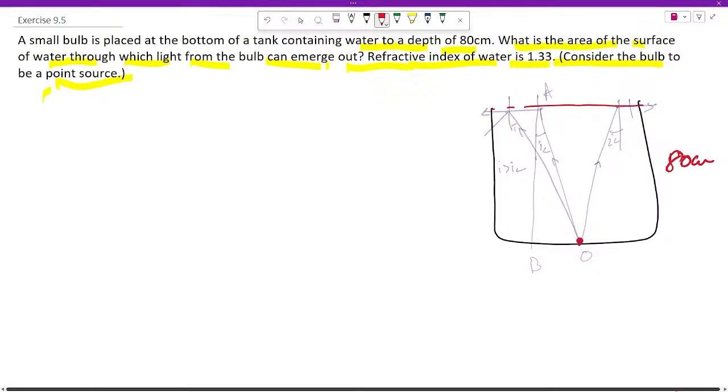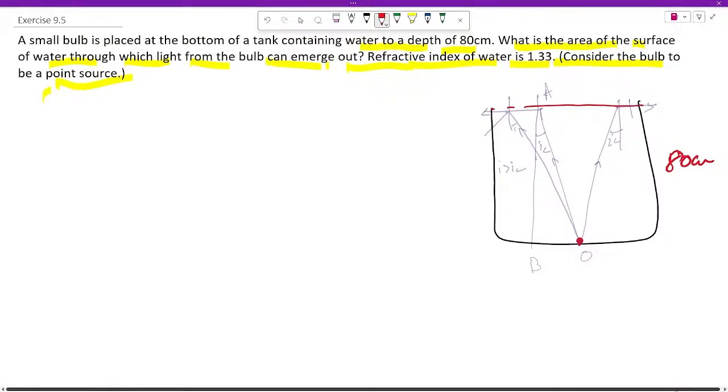So we will use here the theory of total internal reflection. If we assume there is a ray that is emerging out of the bulb and it is making an angle of I, so in order for that ray to emerge out, it should be less than the critical angle. We know that the critical angle is defined as the angle of incidence which provides 90 degree to the angle of refraction.